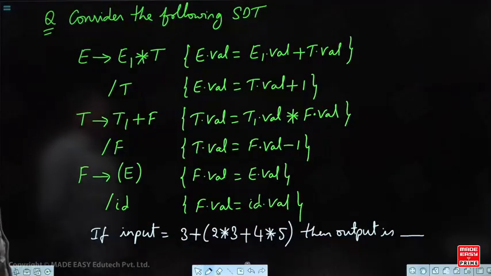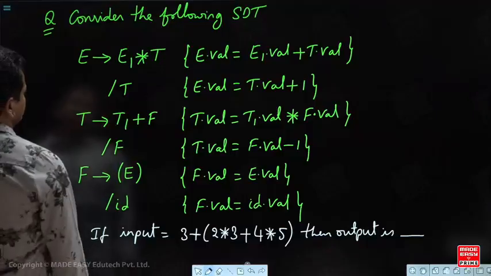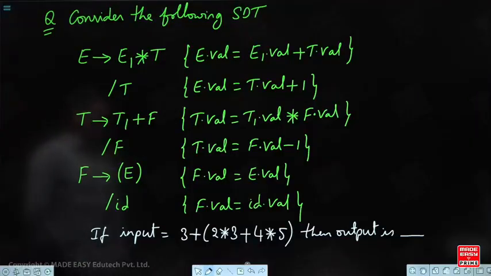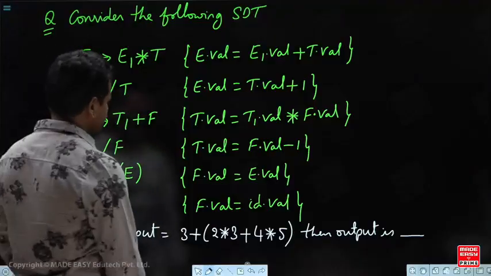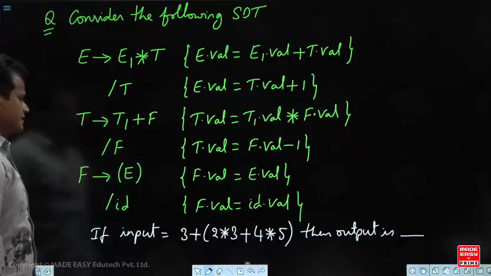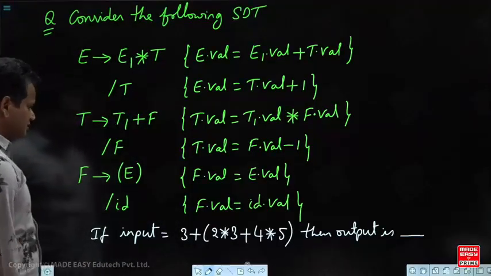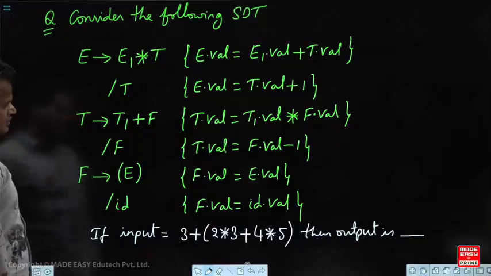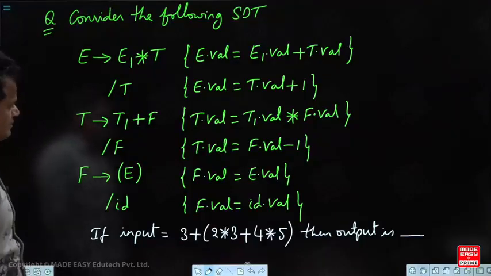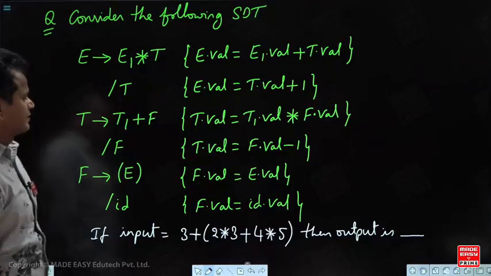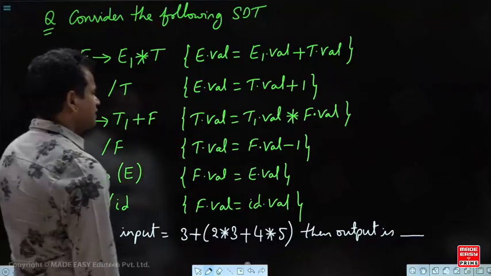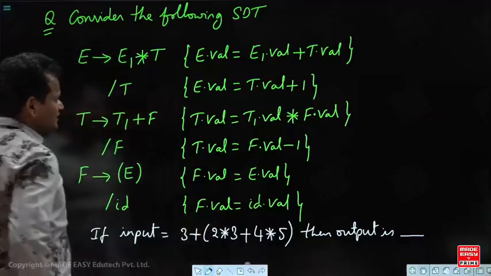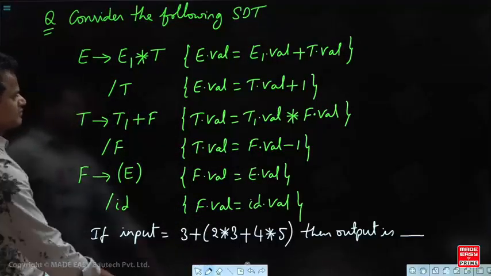So look at this carefully. Observe the semantic actions and take the priorities. Take the priorities first. Okay? Then take the values perfectly. Even if you go for a shortcut method, it won't come that easily.